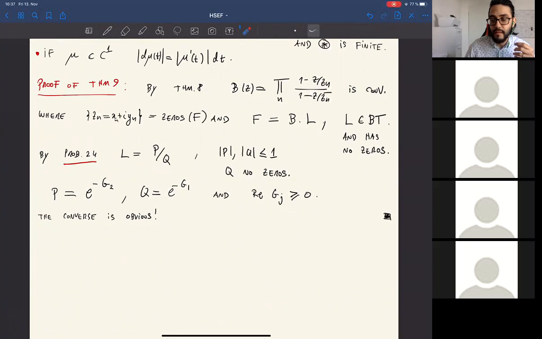And how are we sure that this works out? Because the complex logarithm is always a bit tricky. So it's always to keep in mind one thing: whenever you have a function which has no zeros, and that's the case of P and Q, you can write it as an exponential of something.